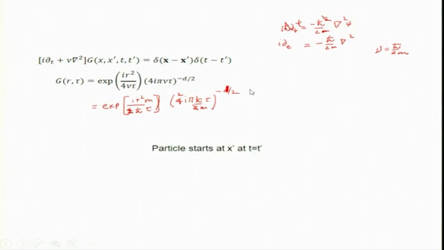Okay. And this is a Feynman path integral. So, what is the interpretation from this Green's function language? Start the particle at x prime at time t prime. So, this is a position x prime, in this room you can just choose a position x prime and at time t prime, and what is the amplitude, probability amplitude, for the particle to reach x at time t, okay, and this is the answer. Okay.